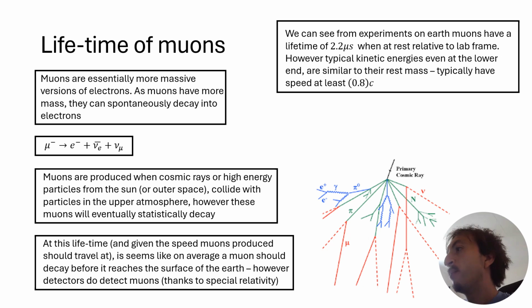However, we observe a lot of muons on the Earth's surface, and the reason is because of time dilation. Now, when you're calculating how significant time dilation will have to be, you need to know something about the velocity of the muons.